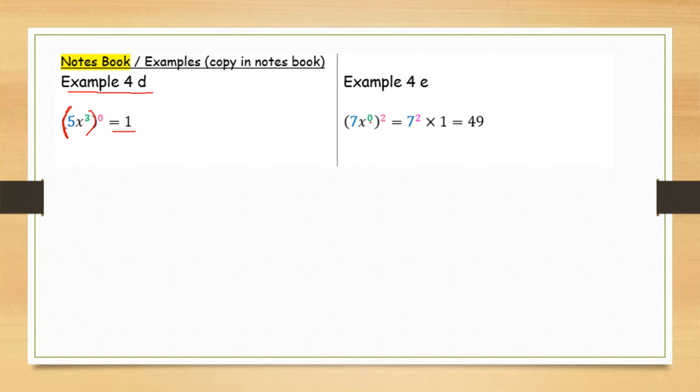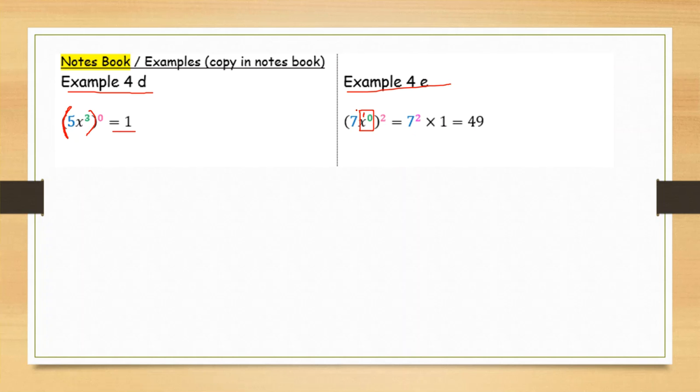If we put the 0 inside the brackets, for example 4e, we need to do this slightly differently. So it's x to the power of 0. So the part inside the square is equal to 1. So we get 7 times 1 inside the bracket, which is 7. So we get 7 squared.